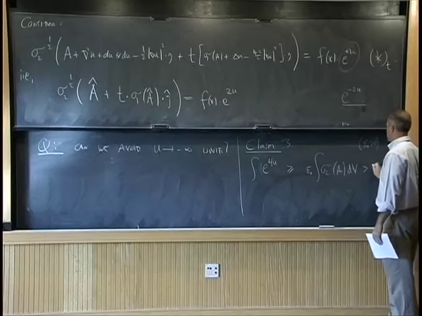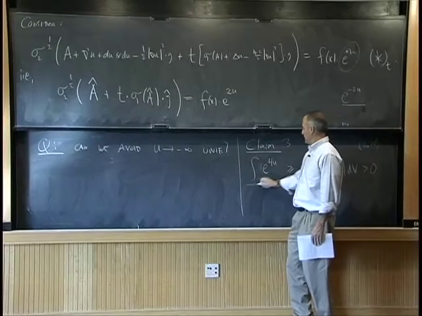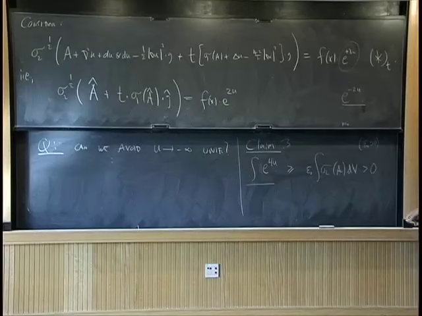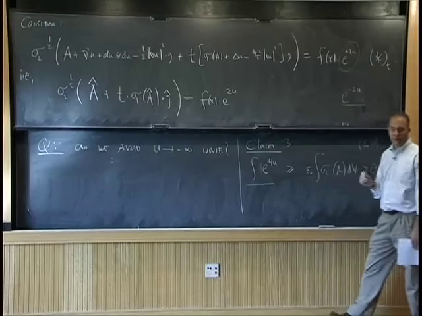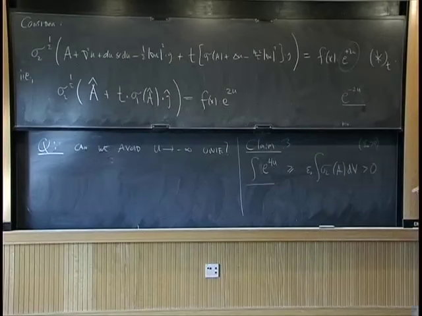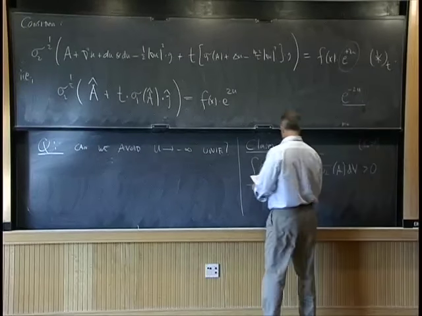So therefore, if this is positive, I get a uniform lower bound on this integral. And a uniform lower bound on this integral certainly prevents u from crashing to minus infinity uniformly. Right? Okay, so this is the key estimate.